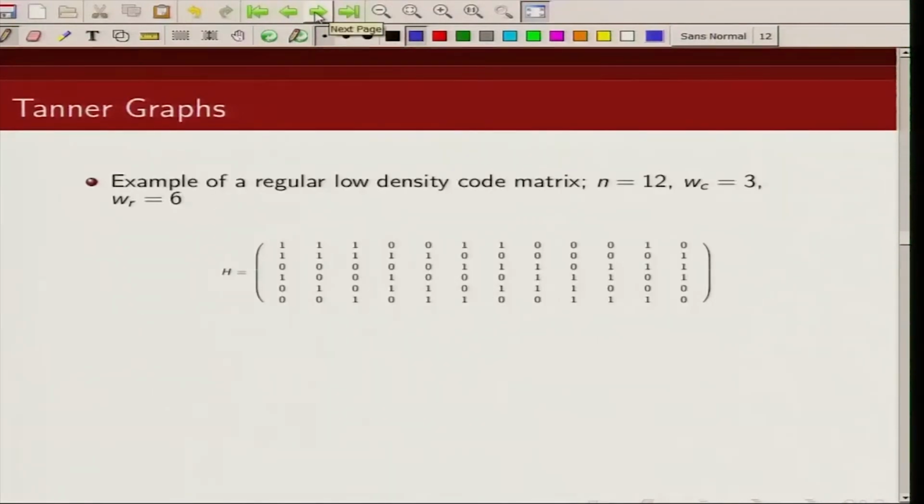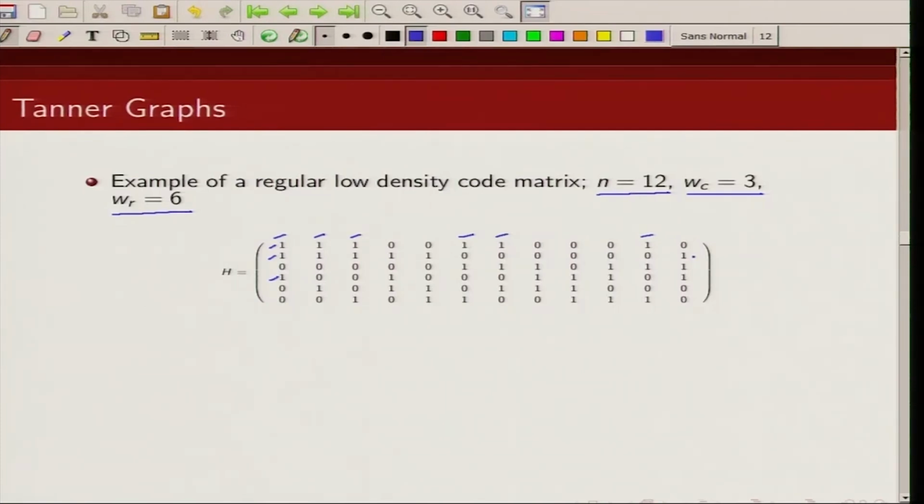So, let us take an example to illustrate how we can draw the Tanner graph of an LDPC code. This is an LDPC code, block length n is 12, number of ones in each column you can see 1, 2, 3, that is WC is 3, and number of ones in each row is 6, you can check 1, 2, 3, 4, 5, 6. Each row has 6 ones, each column has 3 ones.